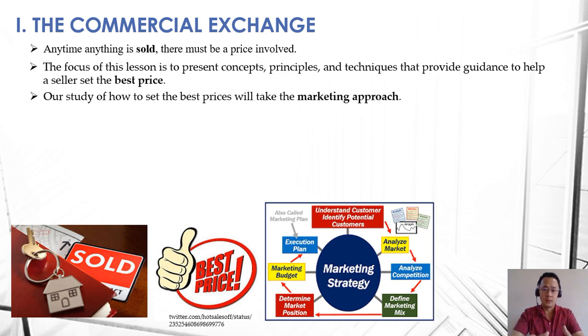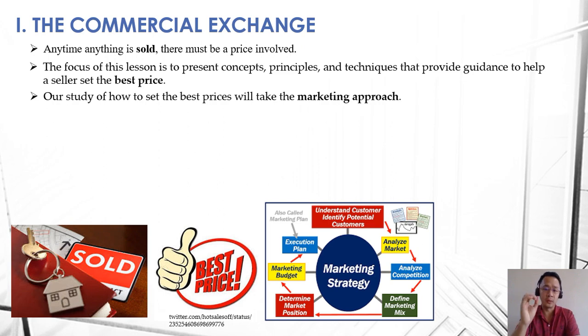So, in marketing strategy, we will analyze the market and also analyze the competition. When we analyze the competition in terms of pricing, we also look at how other competitors price their items.